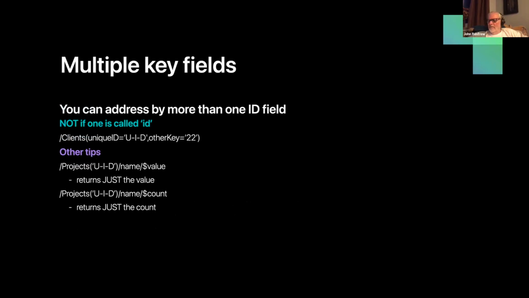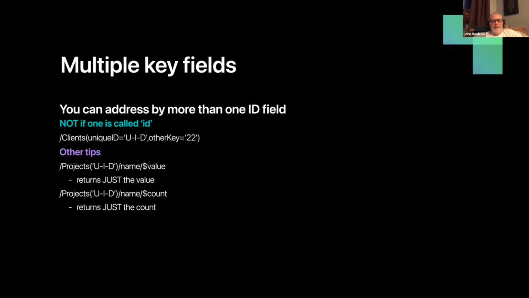Another counterintuitive thing, I was having a conversation with Brother Todd of this parish a few months ago about whether or not you could query for a specific record using two key field values. So if you have a field called unique ID and some other key field, unique ID has got a UID in it, but this other field has got 22 in this example case in it.